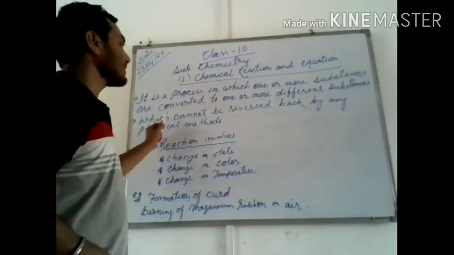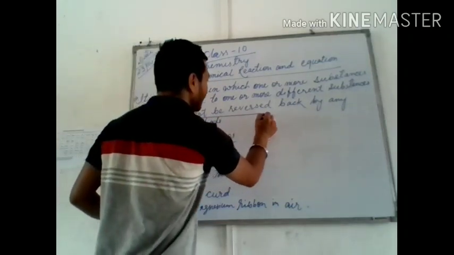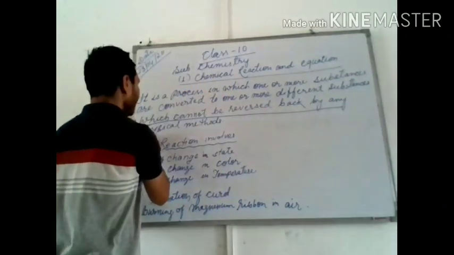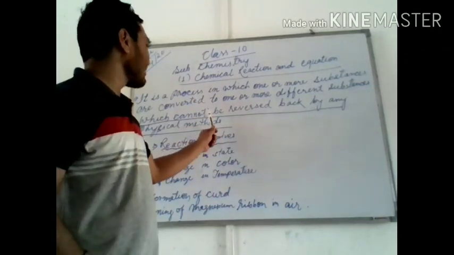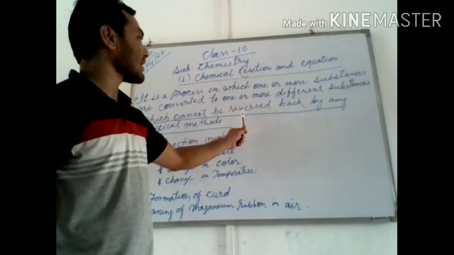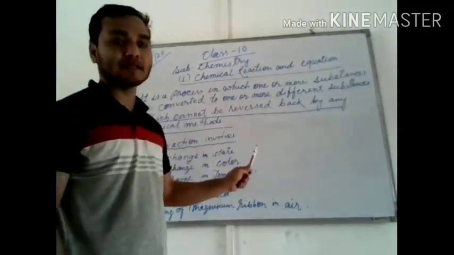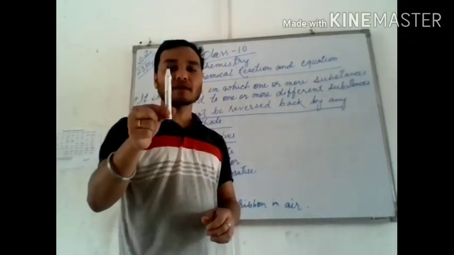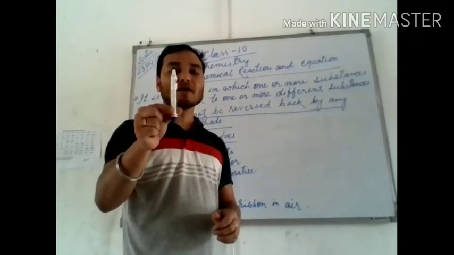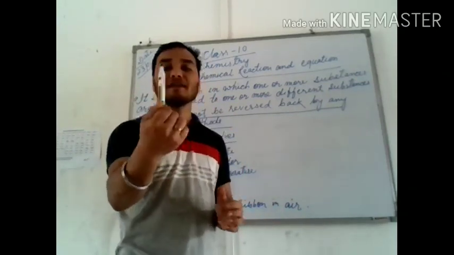And you see here, I got one more point which I am highlighting for you all. This chemical reaction cannot be reversed back by any physical method. So if we burn this marker, we cannot reverse it back again in its form.